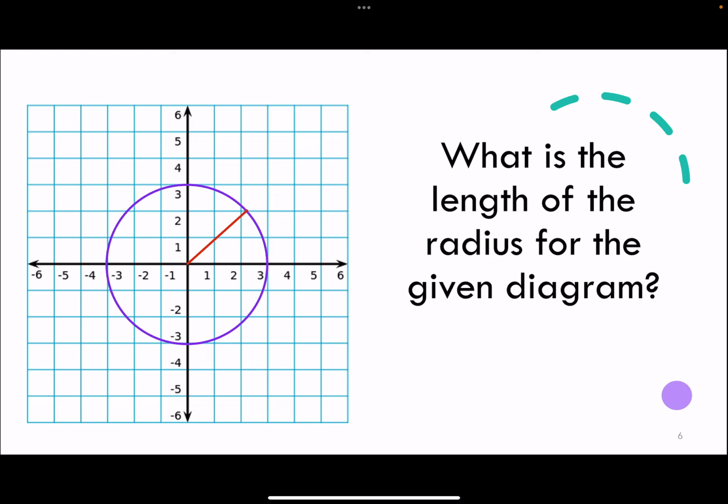Now, I have actually moved the radius to another point on the circle, but as we can remember from the earlier slide, it will be the same length. Radius cannot change in the circle, all right? So if you got 3 units earlier on, the length of the radius in this diagram will also be 3 units. So despite me moving it, the length doesn't change, it's still 3 units.